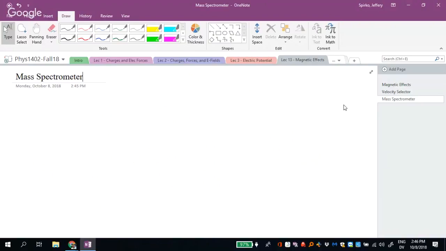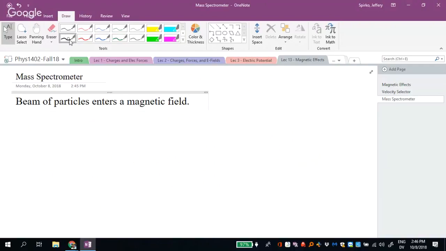And one way to set up the mass spectrometer is to have an accelerating voltage. Another way is to have a velocity selector like on the previous page. Either way, the mass spectrometer is formed out of a beam of particles entering a magnetic field.